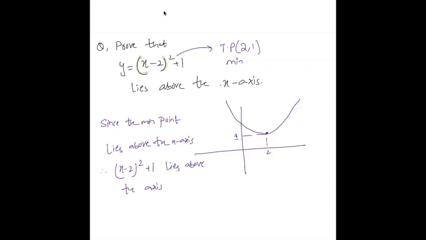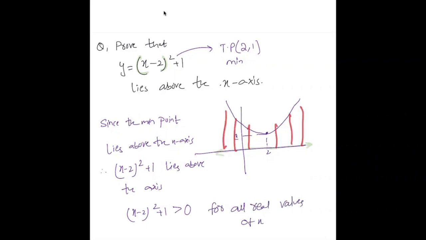So can I say that (x minus 2) squared plus 1 is greater than 0 for all real values of x? Yes. No matter what value of x I take, I will always get a positive answer. So the solution for this inequality is that it is true for all real values of x.